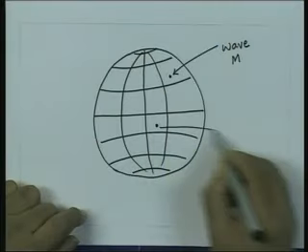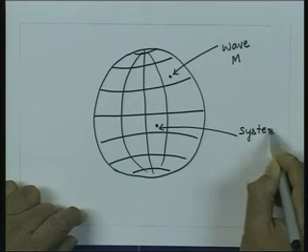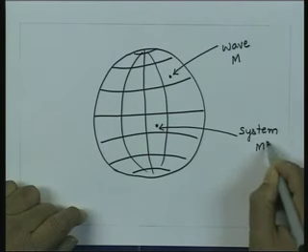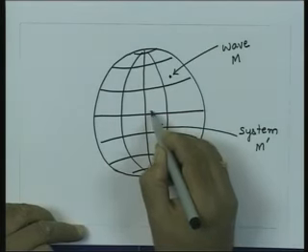So, let us say I have a point here which is the state of polarization of my system, and let me call this M prime, and that is the center of the sphere.